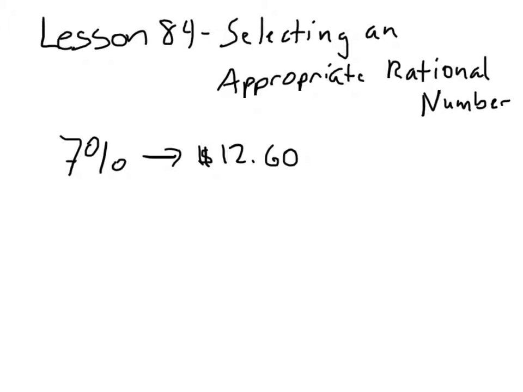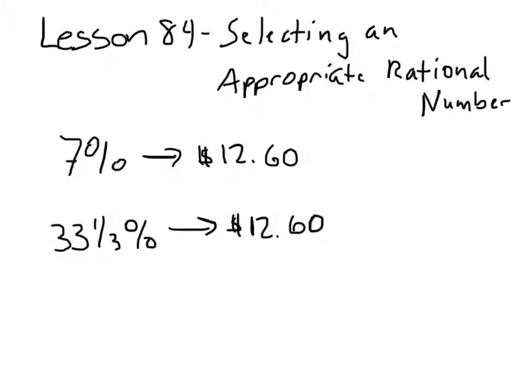And another one, they say they've got 33 1/3%. And that is of 1260. So they're asking us, what should we convert these numbers to that would be appropriate for the situation to help us in figuring out calculating these two.